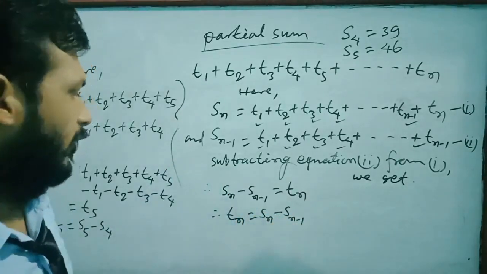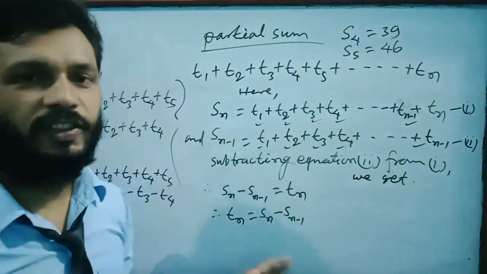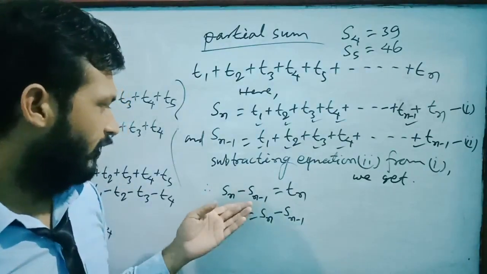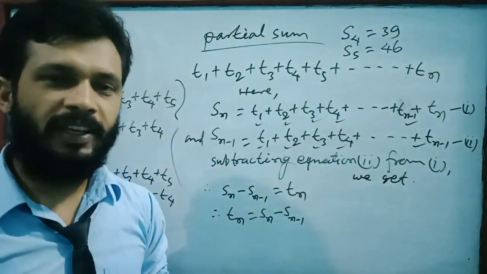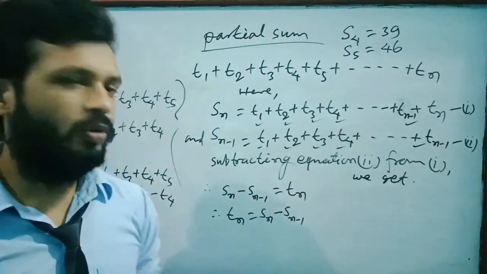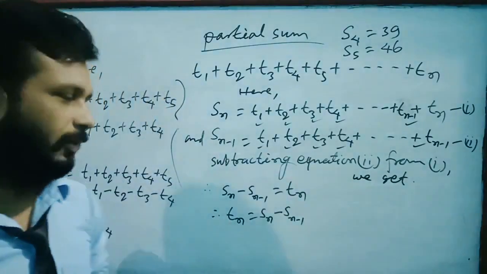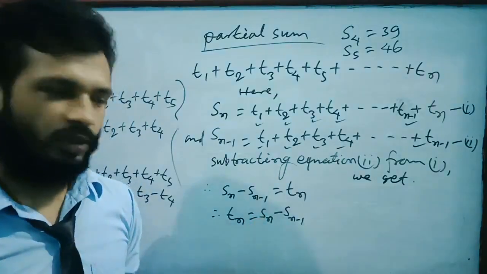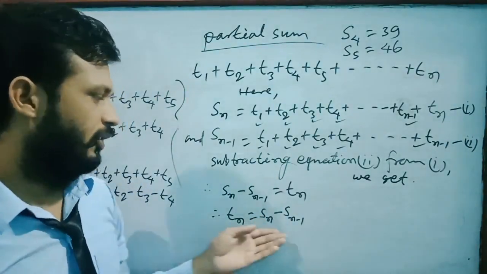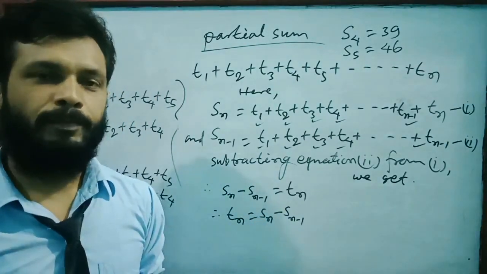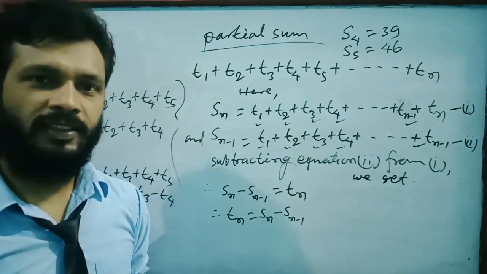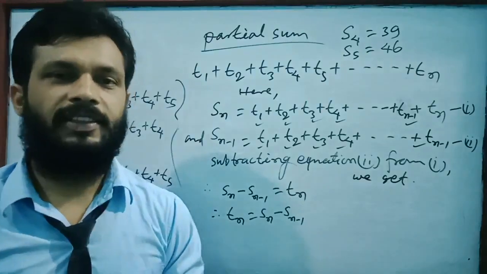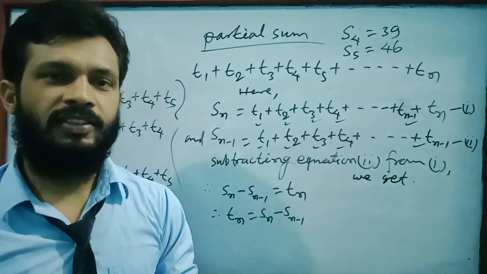It is the formula of nth term. Understood? When Sn is given, then how to find the nth term or general term? Then we can use this formula. Understood? When? If Sn is given. Are you clear?